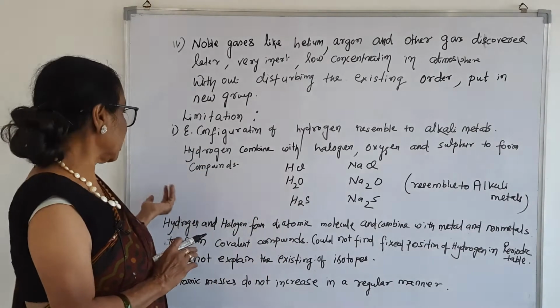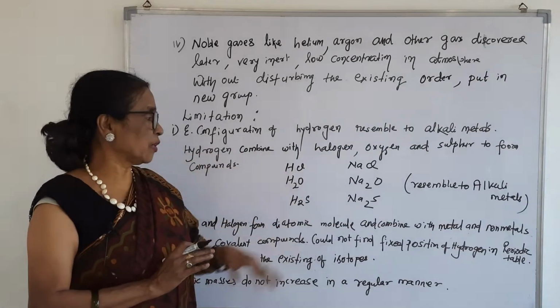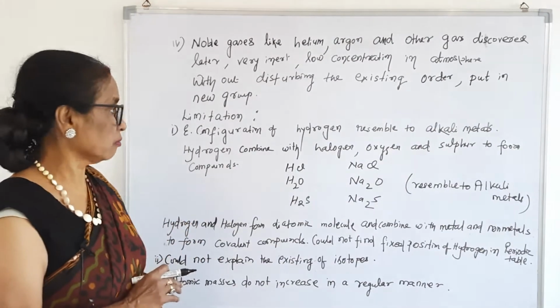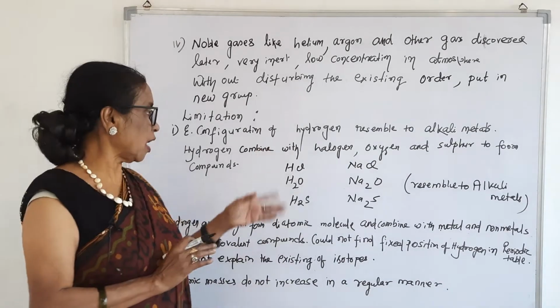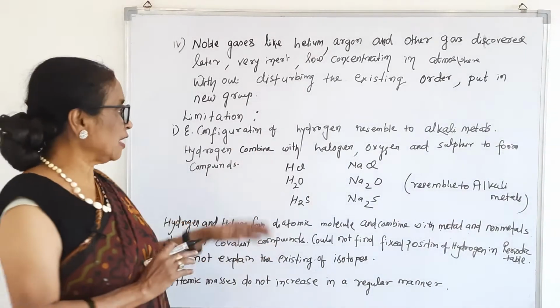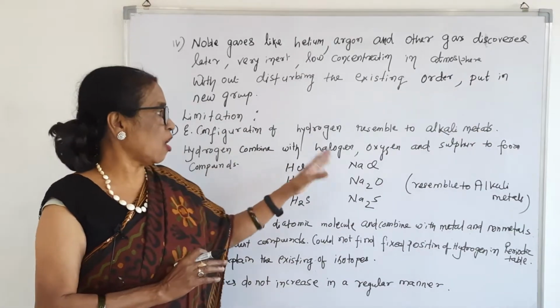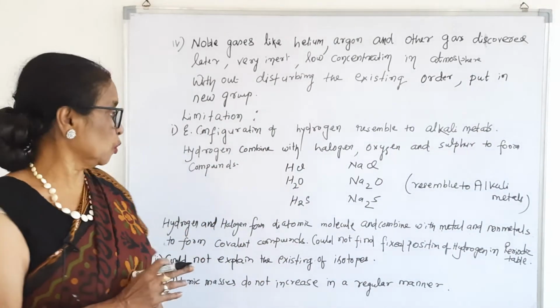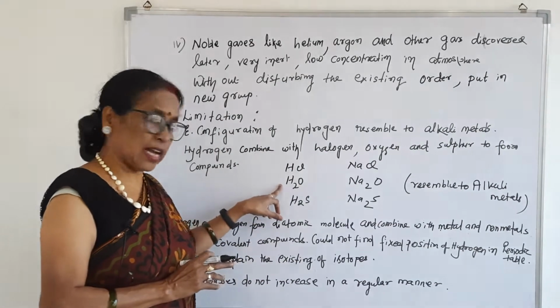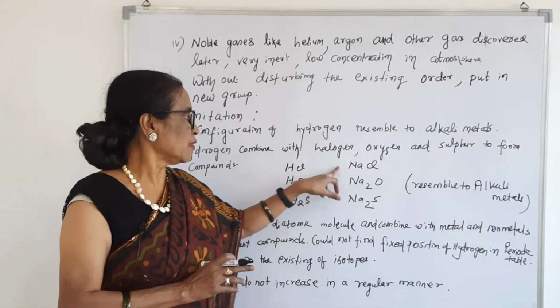And what about hydrogen combining with halogen, oxygen and sulfur? Hydrogen combines with halogen, oxygen and sulfur. Similarly, alkali metals also combine with halogen, oxygen and sulfur. Examples: hydrochloric acid, water, H2S. Similarly, NaCl.